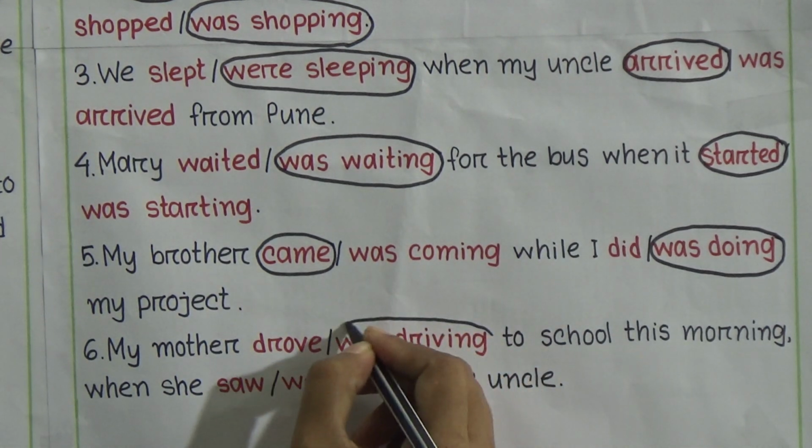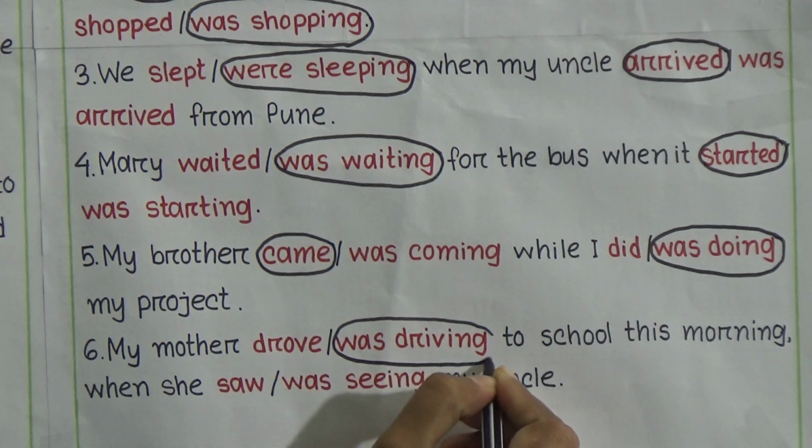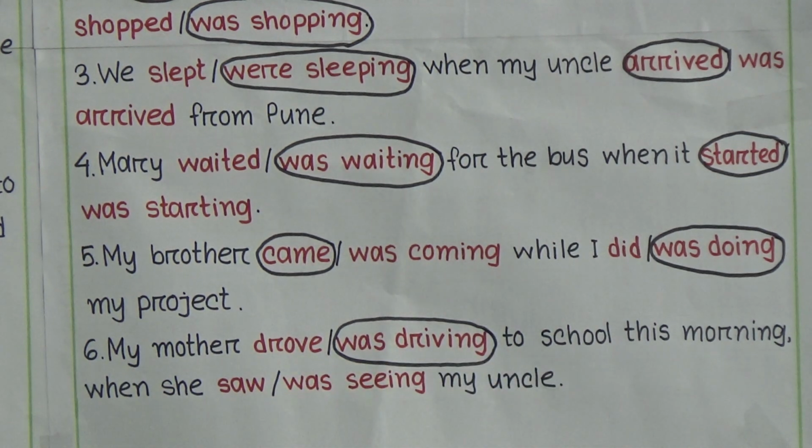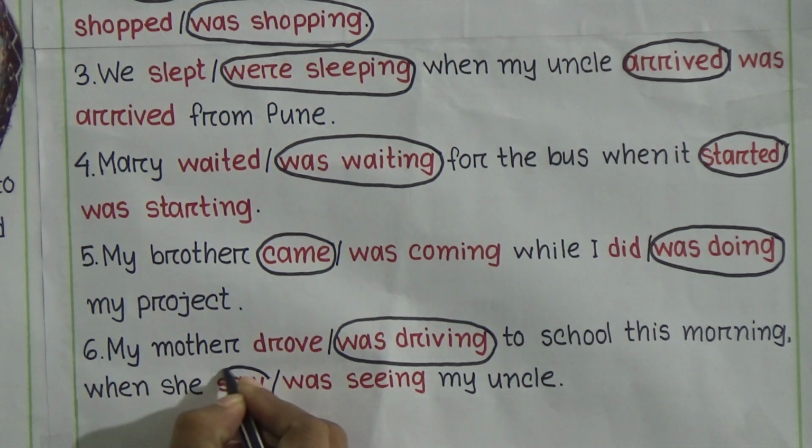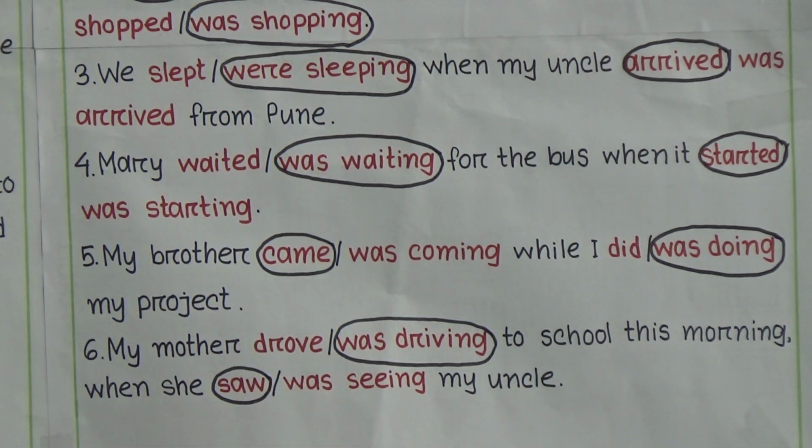We have to make a circle here. And next, when she saw my uncle, it is done. So it will be saw, past indefinite tense. The full sentence is, my mother was driving to school this morning when she saw my uncle.